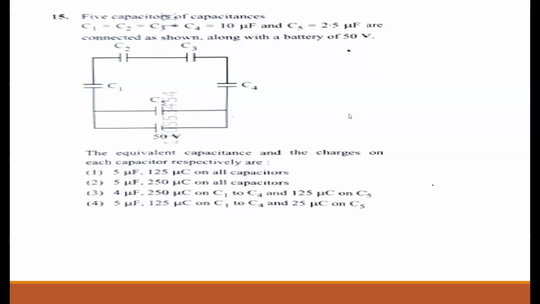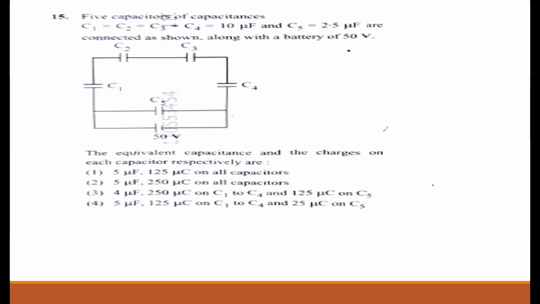Now, coming to question number 15 here. Here we can see that there are 5 capacitors given. Each is of 10 microfarad, with C1, C2, C3, C4 connected in series, and this combination connected in parallel to C5. So as you observe the figure, C1, C2, C3, C4 are in series. So how many equal capacitors are in series? 4.